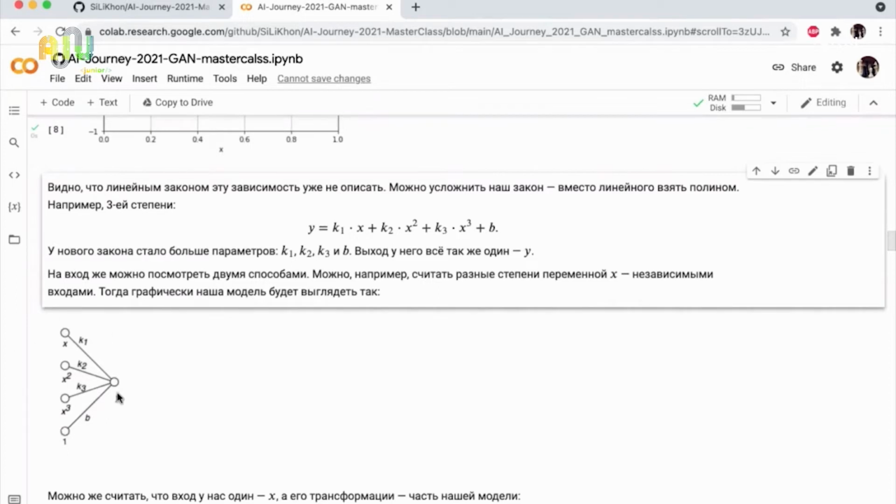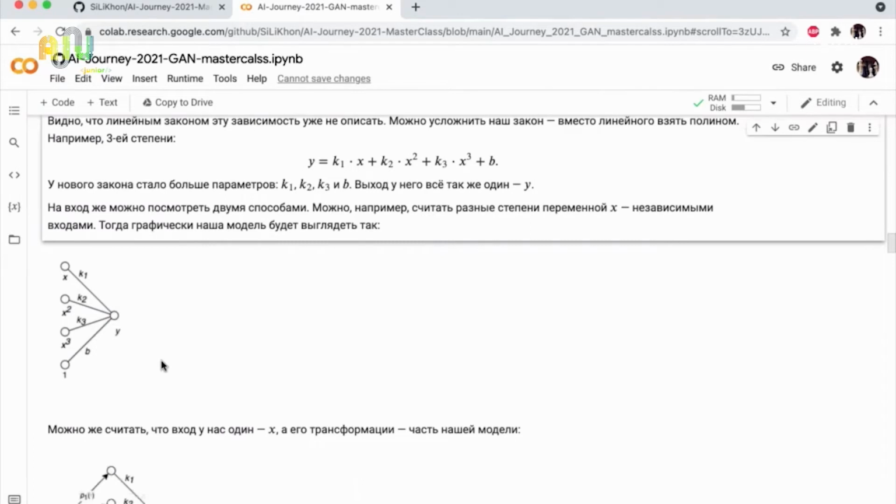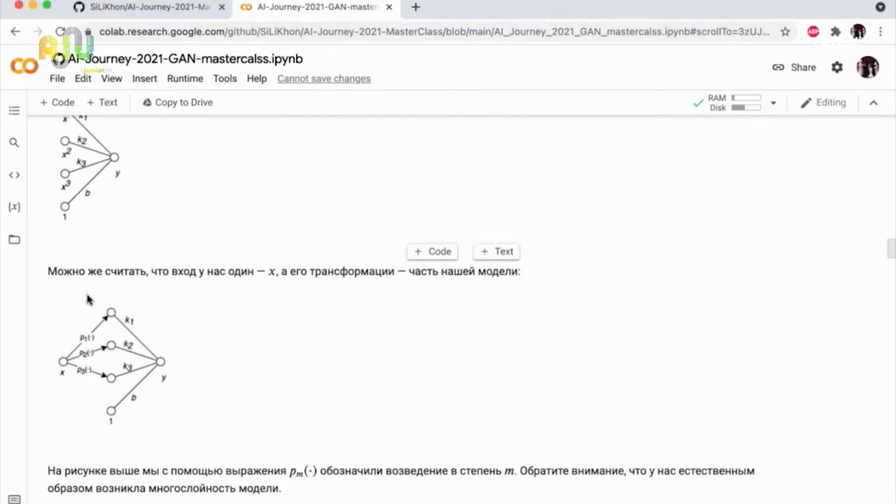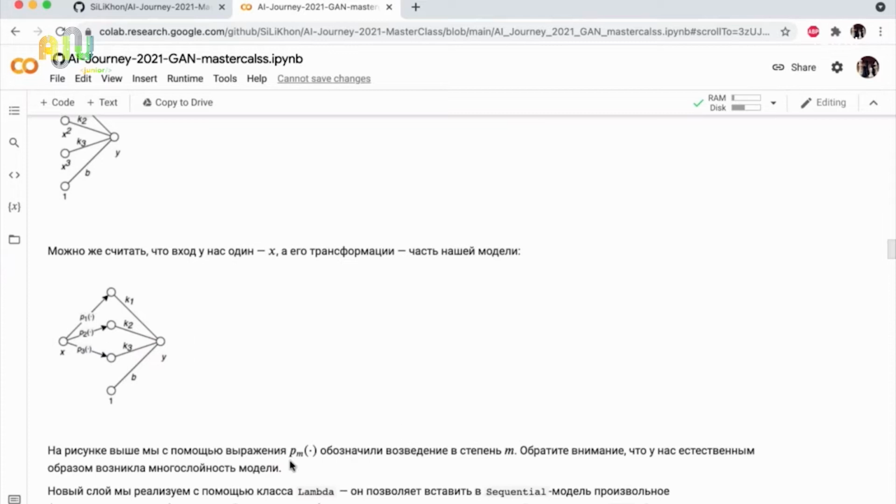You can take a different look at this. Here I was visualizing it, pretending that x1, x2, x3 were not dependent on each other, but we can transform it further with another step. I decided to visualize it this way. Here we have P1, P2, P3, which mean that we are multiplying it by a factor.